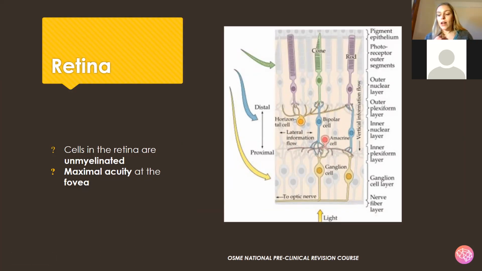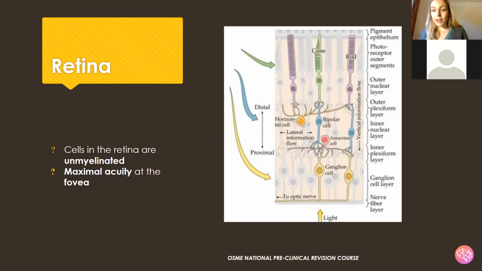That's because all the inner cell layers are thin and they form a pit, and this pit has a very high density of cones, and the nerve body cells are shifted from this pit, so light has a really direct path to these cones. There are also no blood vessels here, so we get this high acuity.